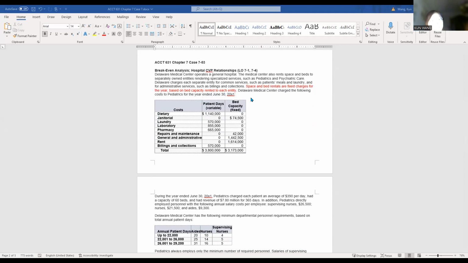This one you really need to read carefully and put yourself in the condition of a healthcare hospital renting out bed capacities to another clinic. They talk about a medical center.